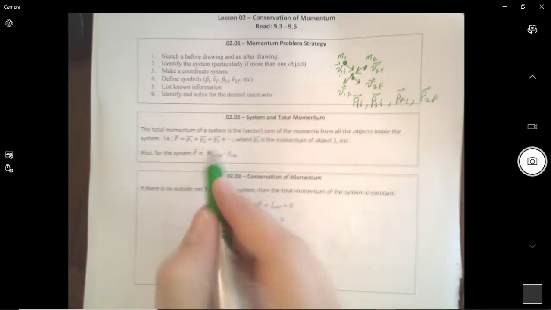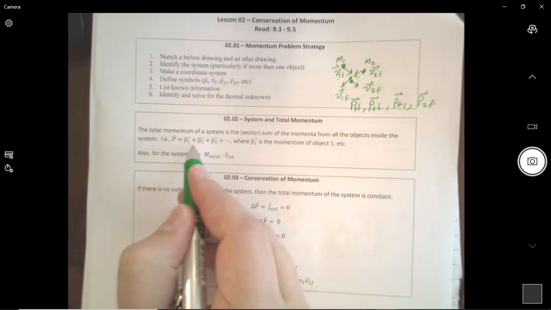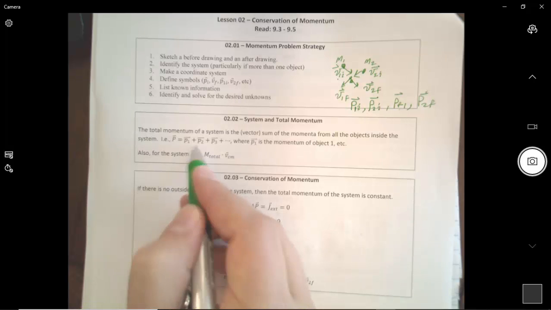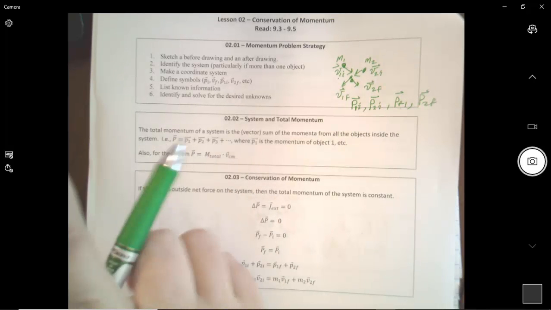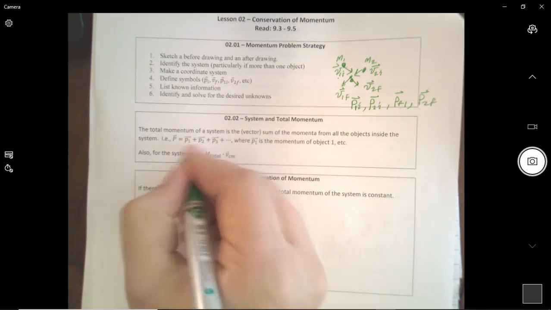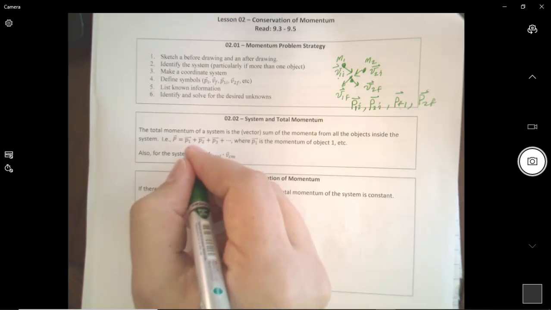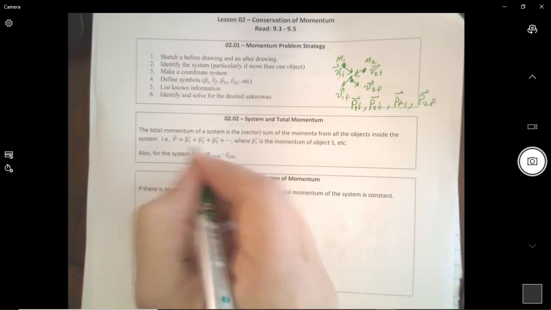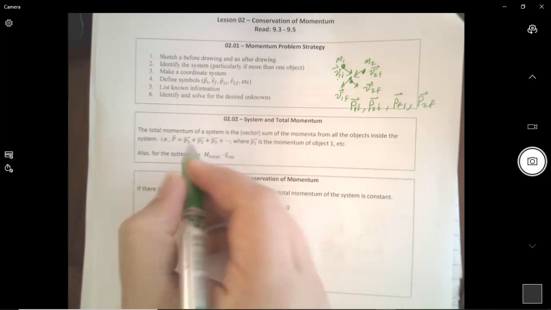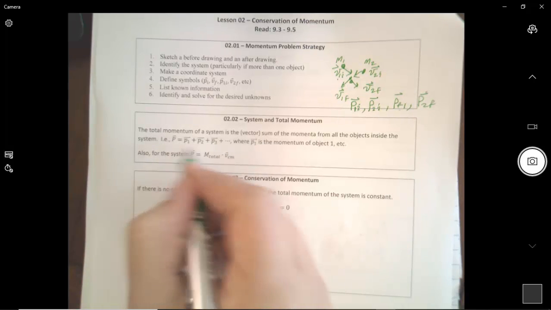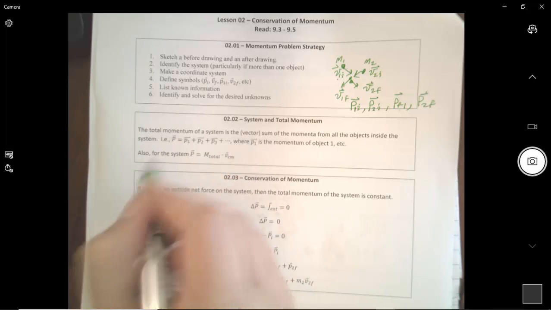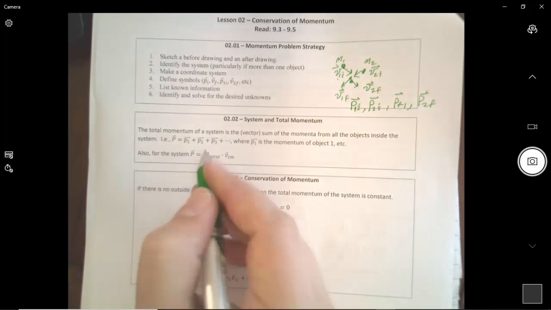Now, if we take all of our objects in a system and add all their momenta together as vectors, so even in one dimension, if we just have the x direction, keep track of the pluses and minuses, right? So if we add them together as vectors, then that total is our total momentum for our system.